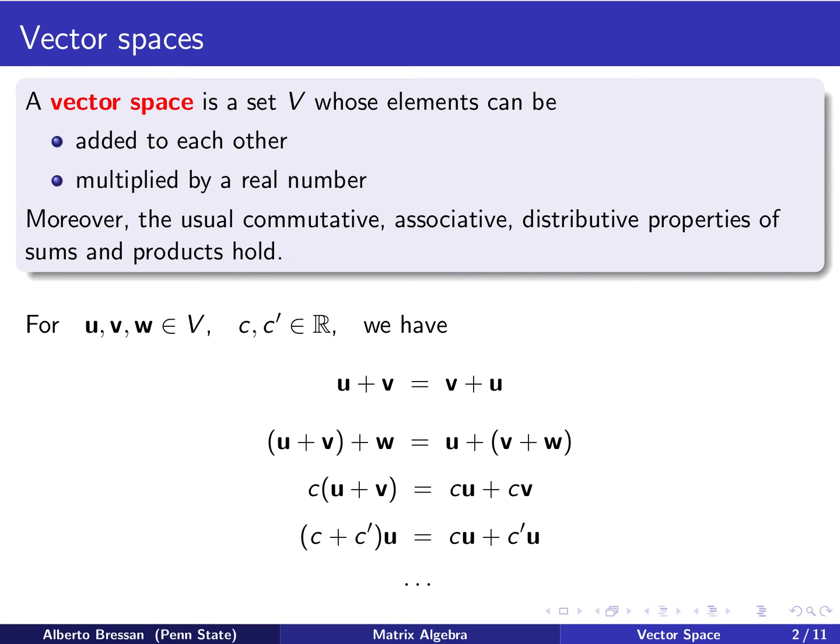Now let's take boldface U, V, and W just to denote three elements in the vector space. And let's take C and C prime to be two real numbers. And then we'll have the following properties, which we should be familiar with for addition and multiplication.